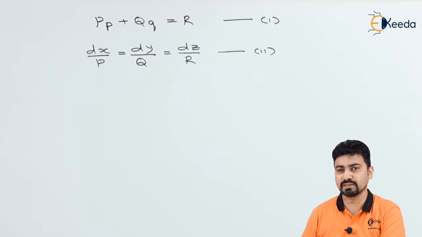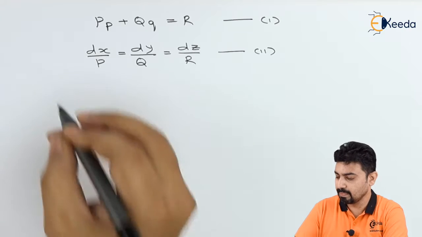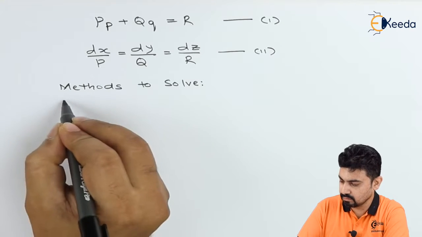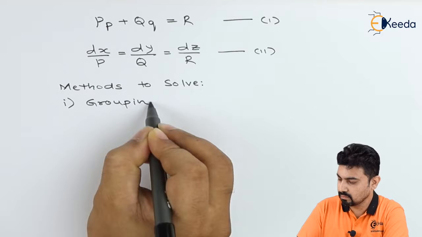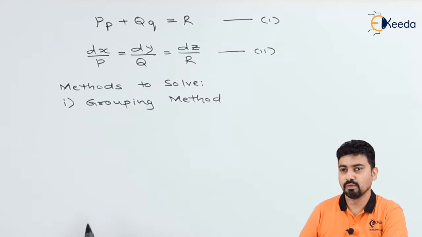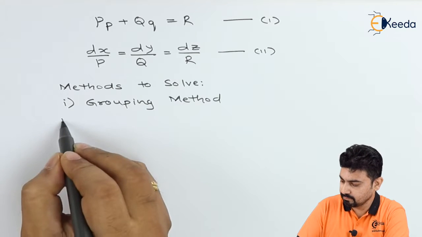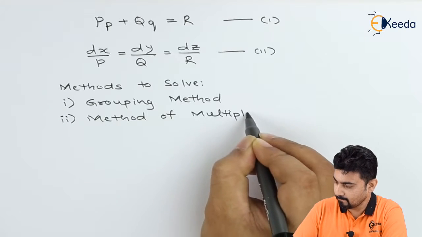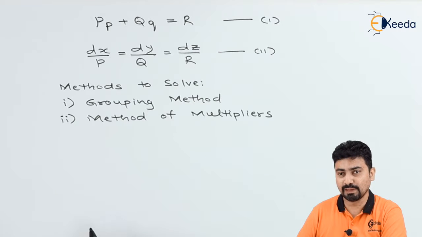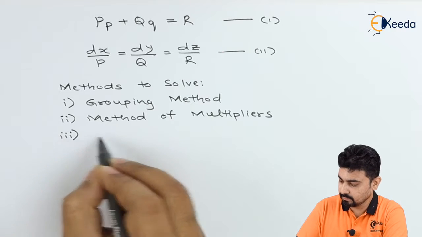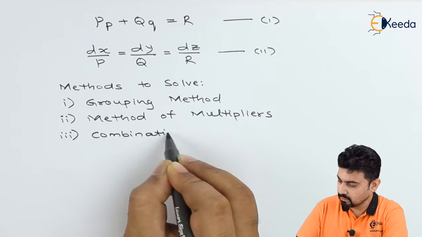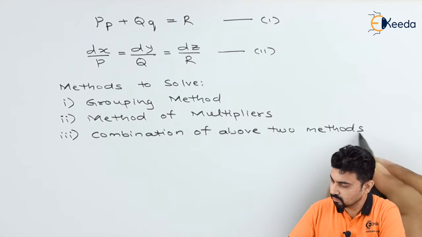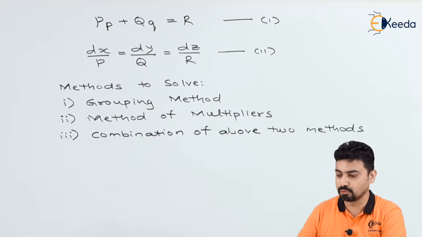Now the various methods that we use to solve this are: we can solve this by grouping method, or by method of multipliers, or by combination of the above two methods.